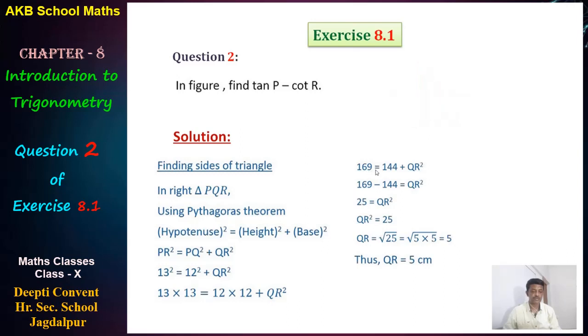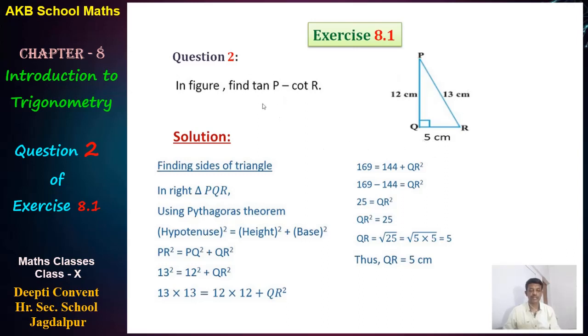Then QR square equals 25, means QR equals 5. Now our triangle is complete. 12, 13 and 5 are the sides.